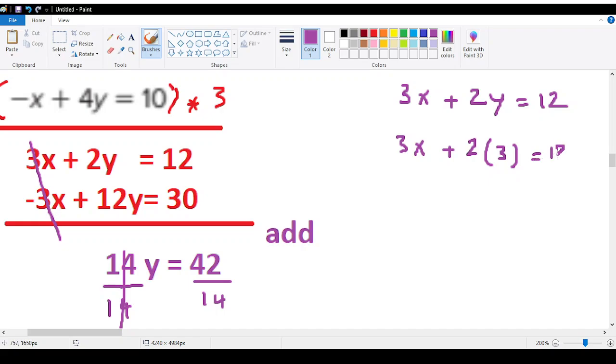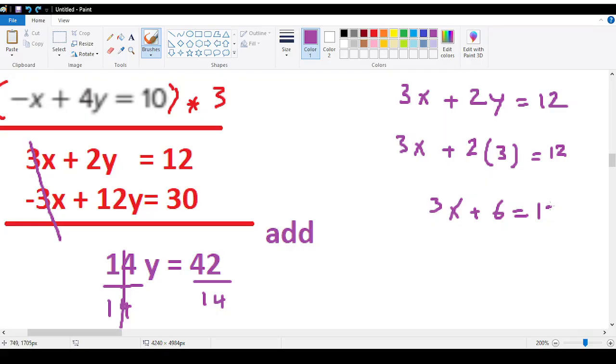Equal 12. Yalla Shamsa. What should we do now? 2 times 3 gives me 6, right? Right. Now we will move the 6 to the other side. So it's gonna be 3x plus 6 equal 12.